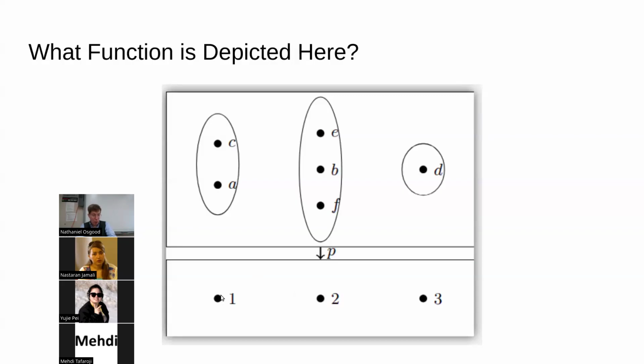Meaning, if we're at 1 and we pick one of these, say A, and then we map down with P, well, we get 1, right? 2, if we pick E, and then we map down with P, we get 2. 3, map up, D, only one choice, right? Map down, we get 3.